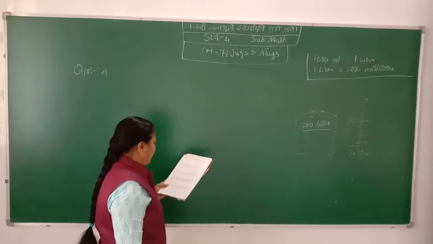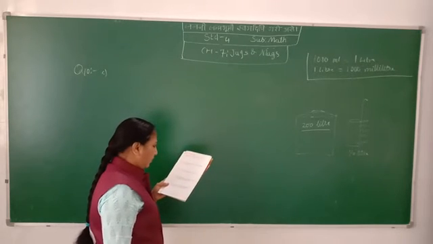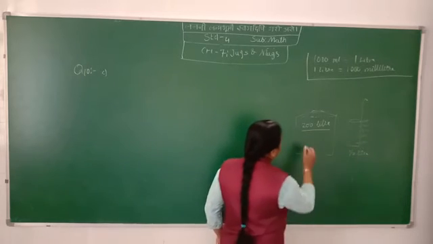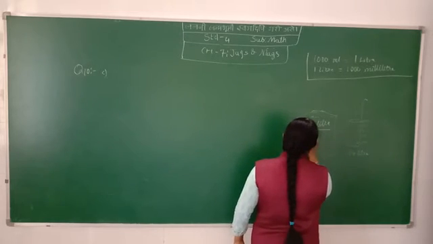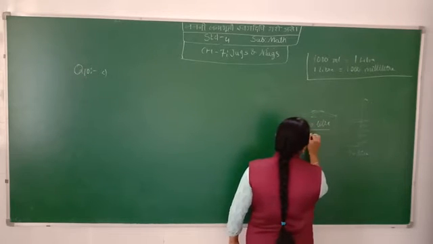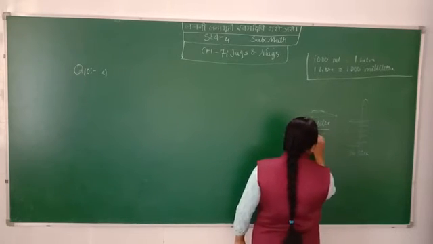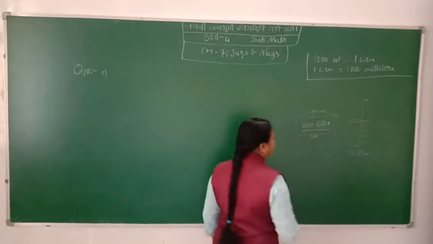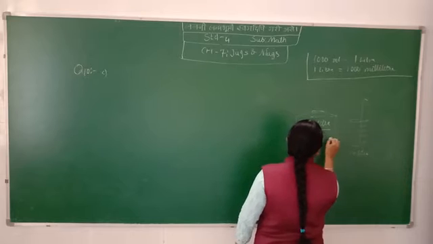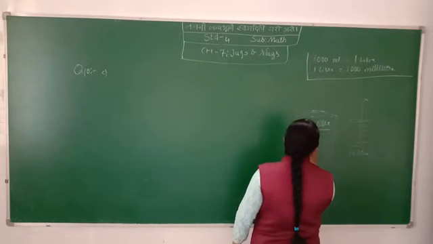And now, what has happened? The half of it is filled with water. So half of it will be 100 because half of 200 will be 100.